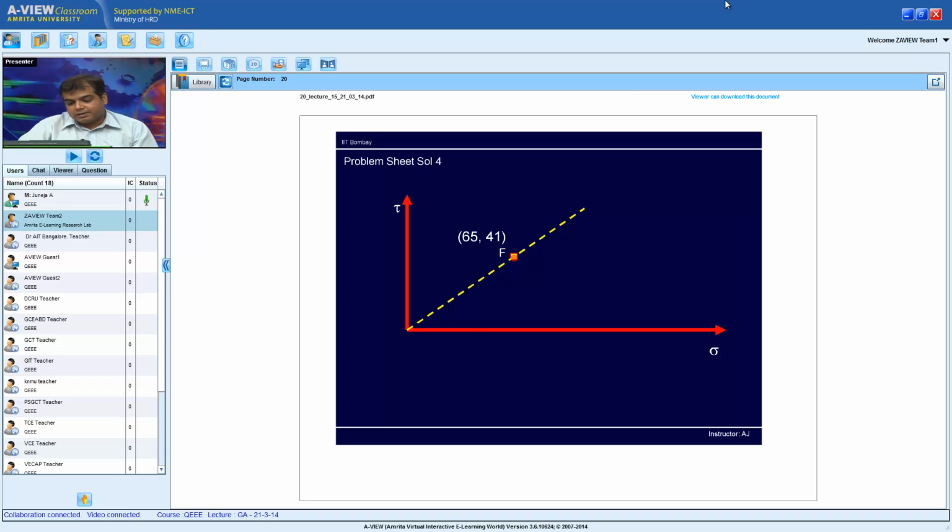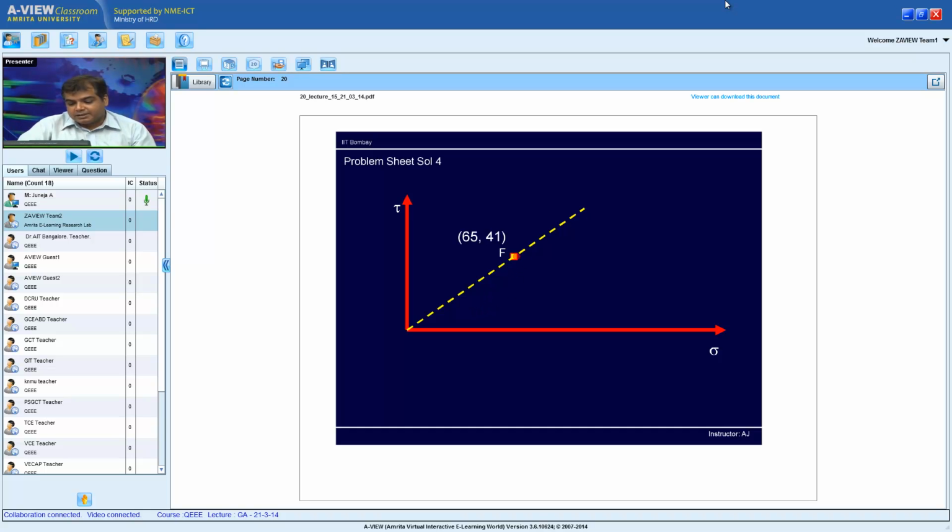If I draw a Mohr circle over here, this point should be on the Mohr circle as well as this line should be tangent.